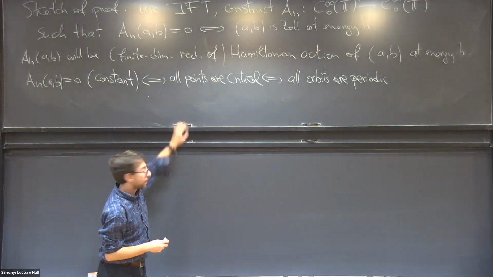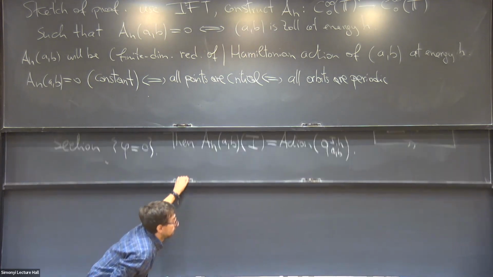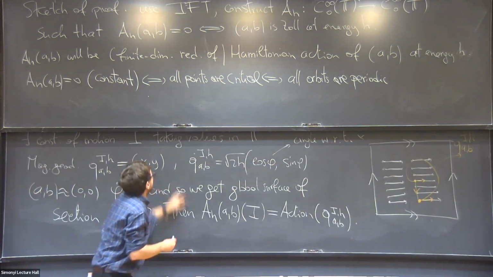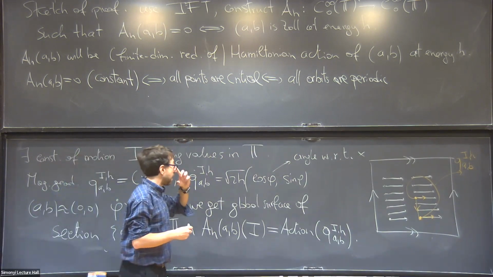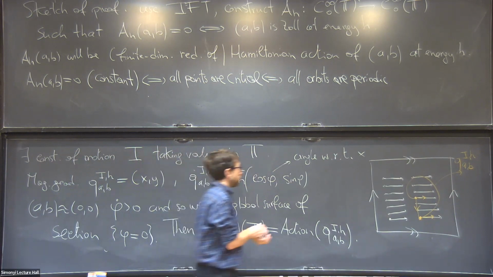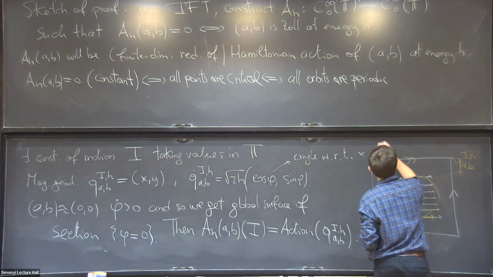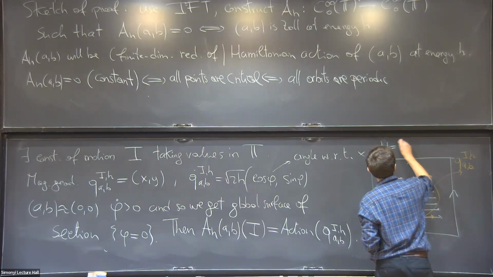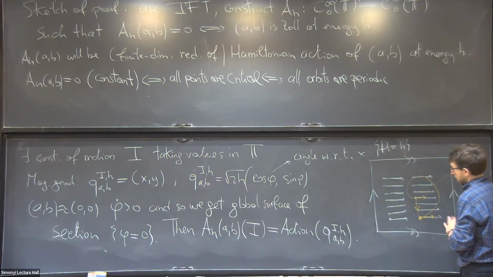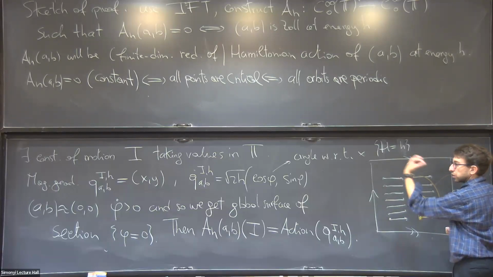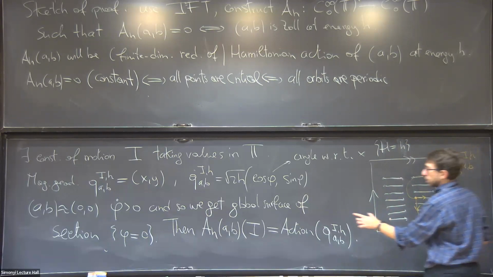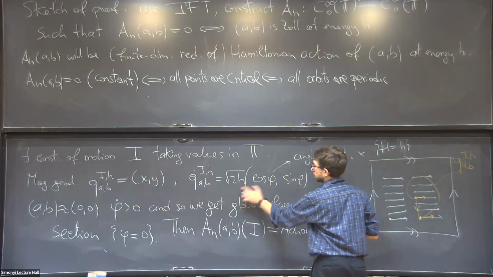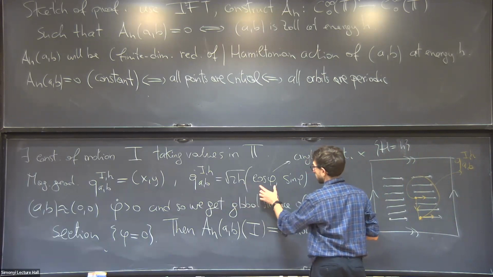Can you explain again what is the global section? Yes. So now here we are looking at fixed energy. So you have in your energy surface, H equal to h, above each point a circle with a given radius. Now this is just parameterized by the angle.